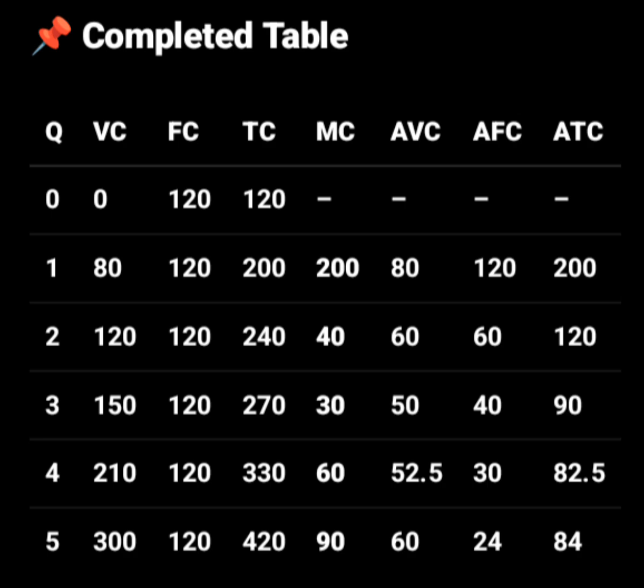And to get the AFC and ATC, it is the same formula as the AVC: you need to divide the FC by units and the TC by units. And that's all for the table. I hope you learned something from me.